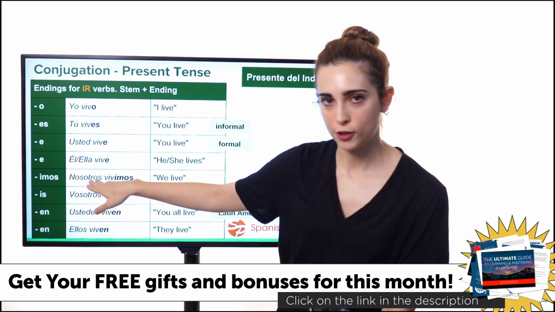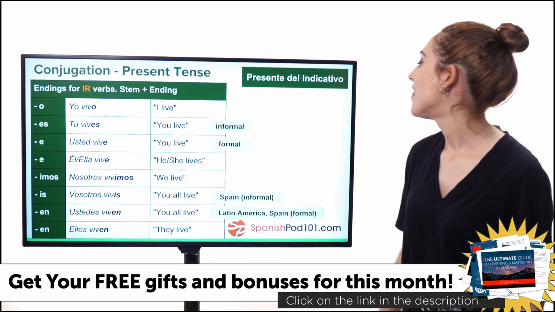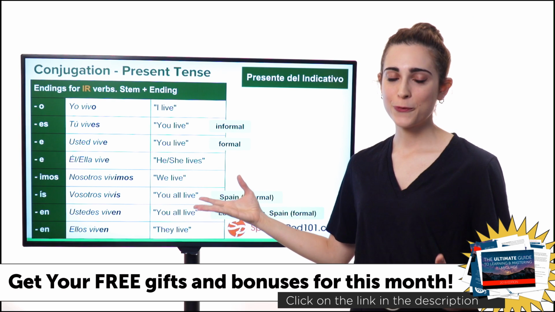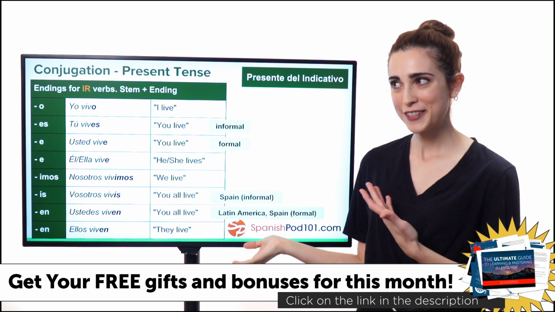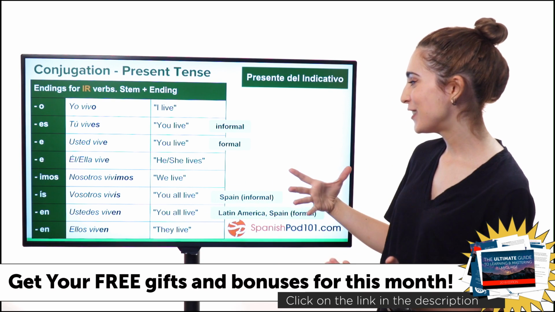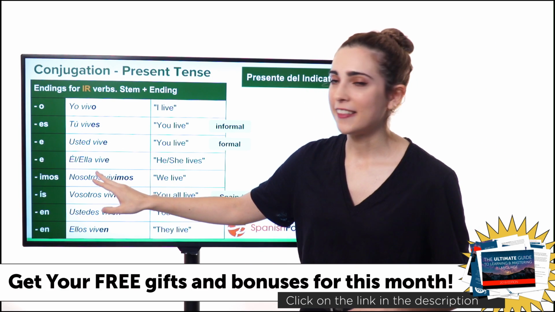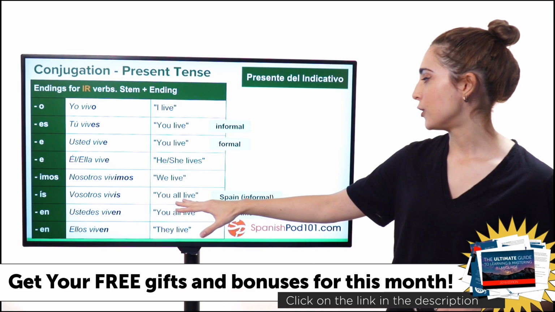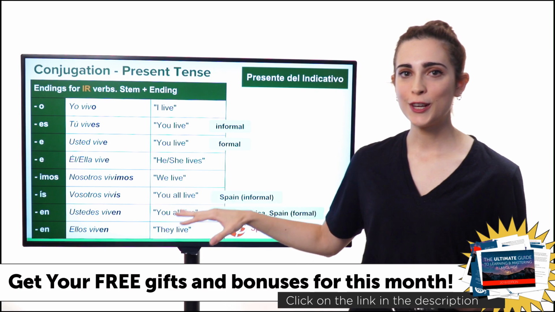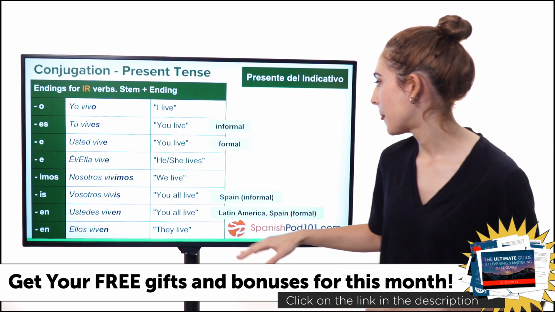So we add imos, I-M-O-S. Then, again, for you, for the informal version, vosotros or vosotras, we add I with an accent and S, is. Vosotros vivís, vosotras vivís.